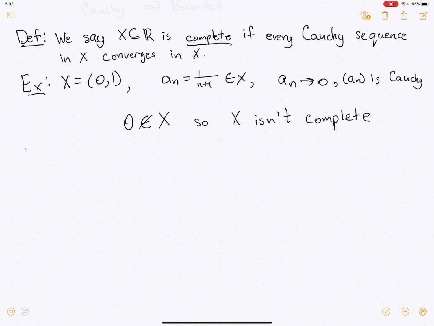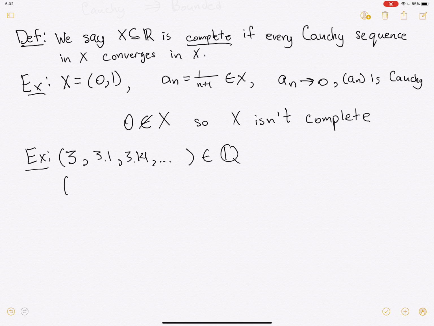Another example, let's look at the rationals. If we look at the sequence 3, 3.1, 3.14, and so on, this sequence is in the rationals, but it is constructed so that it converges to pi.